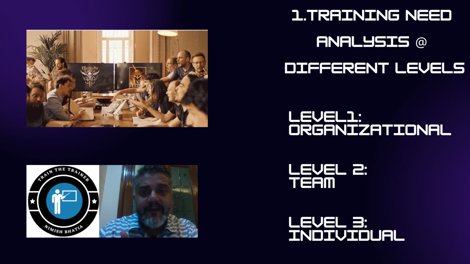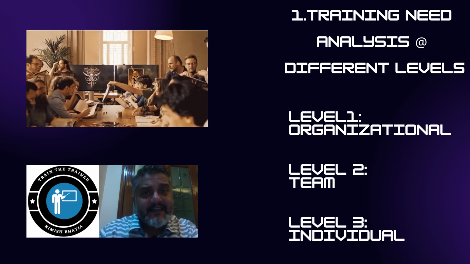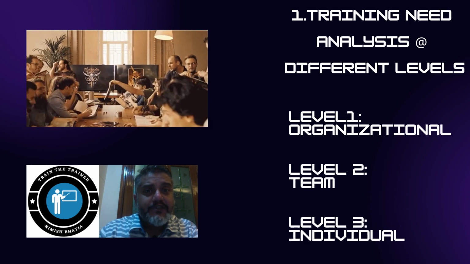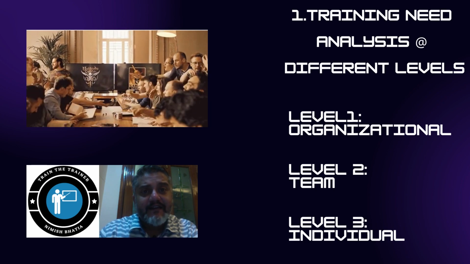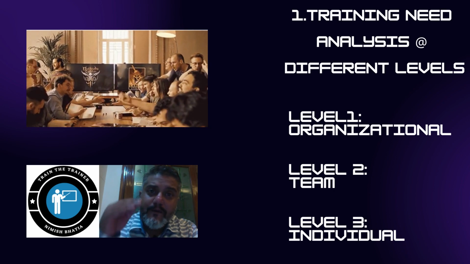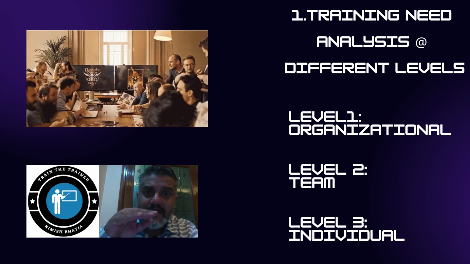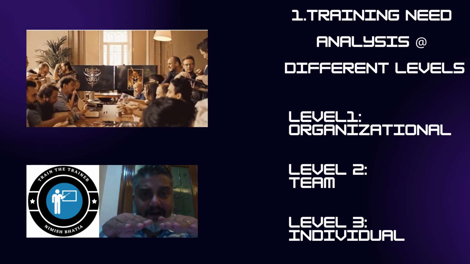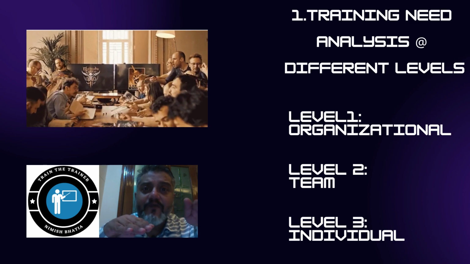When we do this training need analysis at a team level or department level, we have to see which core competencies the department needs to have in order to meet those business goals, and we'll also see which competencies they already have and at which level.